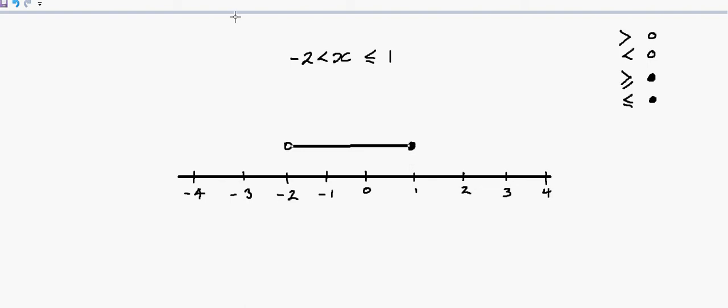And there you go, you've drawn the line. So you've shown that x is greater than -2, but it can't be -2. It's less than 1 and it can be 1. So if it said give values, then it can be -1, it can be 0, it can be 1.